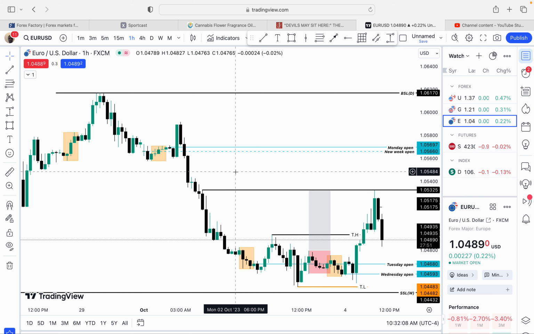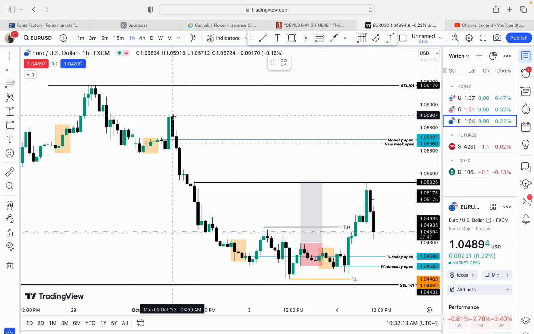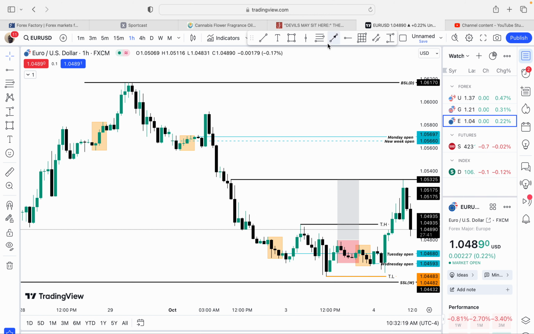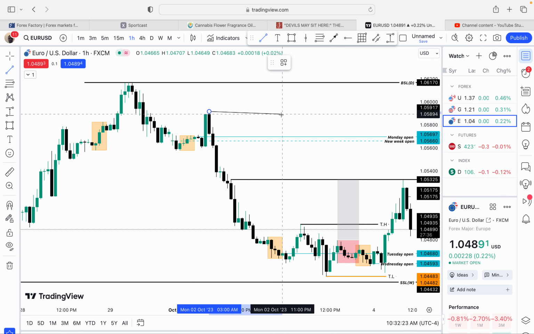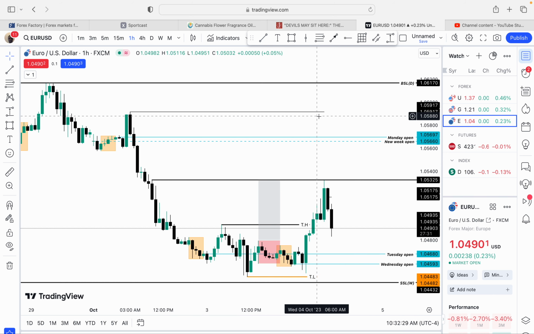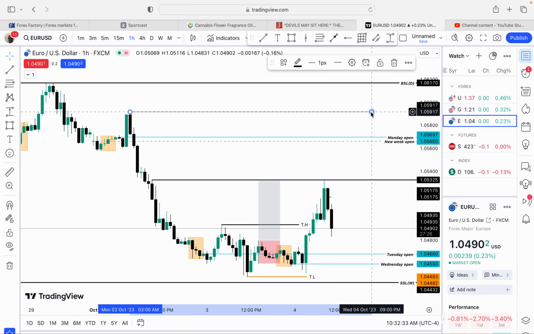The only thing it indicates for me is that we're approaching last week's, the previous day's or the previous week's opening or high point. And for me, that is a very important level, because I understand the profile of the week and the model I will be in.